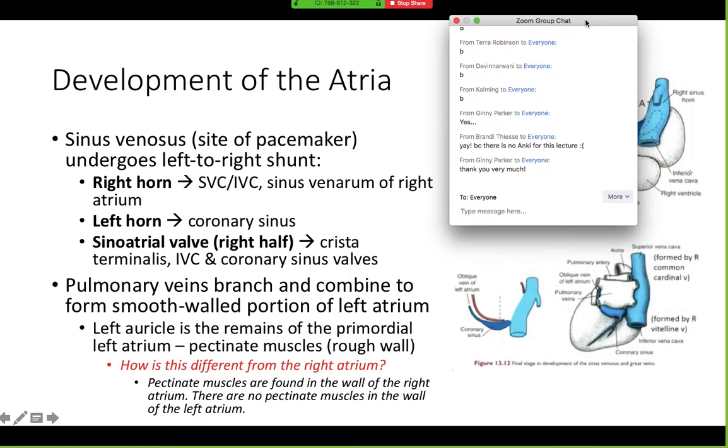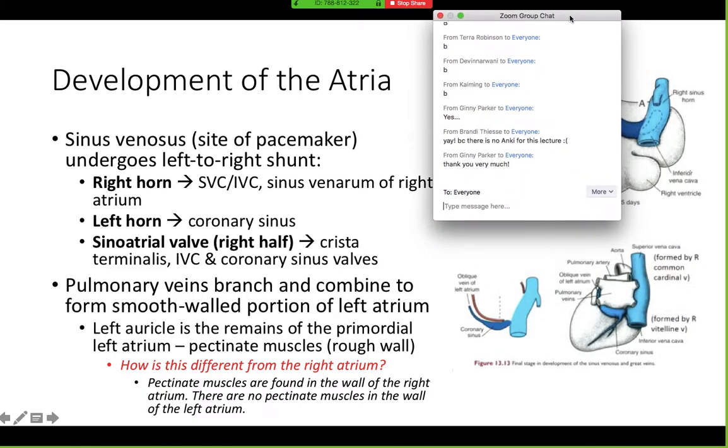All right, so down here, as the left atrium grows larger, the pulmonary veins are incorporated into the left atrium. So this is why there are two pulmonary veins coming off each side of the left atrium. And the left atrium is smooth-walled because it's developed by those endothelial cells of the pulmonary veins. And I think he mentioned in lecture that the left auricle is the remnant of the primordial left atrium.